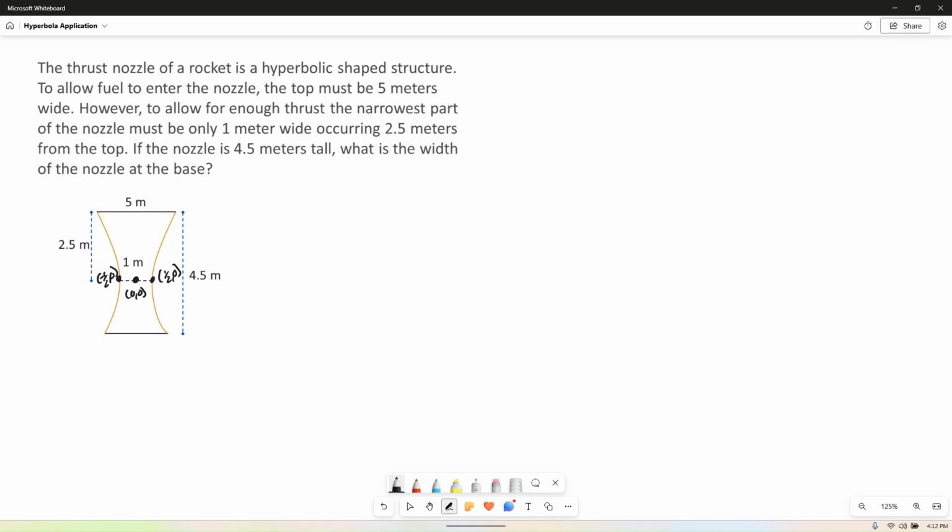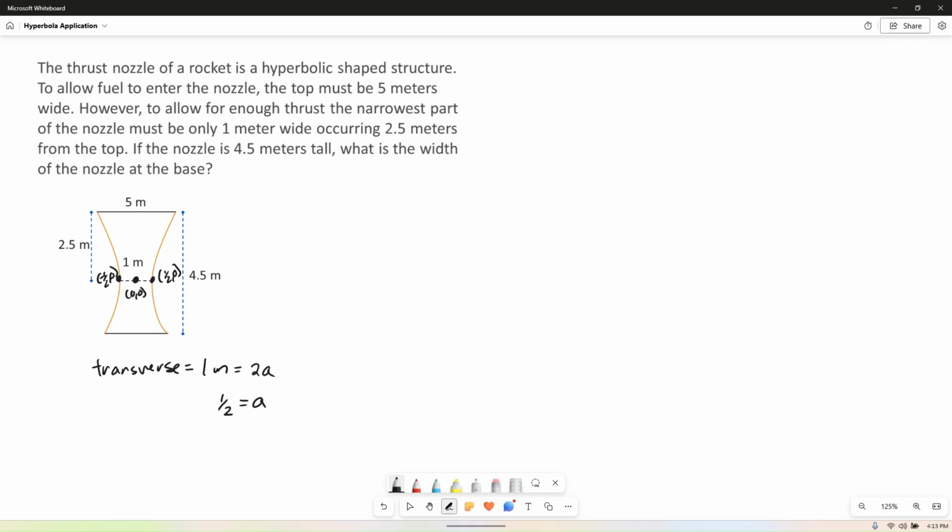I may not necessarily need that, but I do know what letter in our equation comes from the transverse axis. The transverse axis has a length of 1 meter, and it is always equal to 2a. If I isolate a, I get an a value of 1/2.